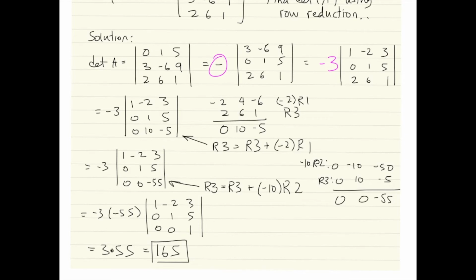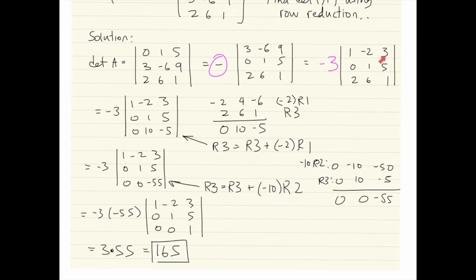And now you might say, well, okay, I divided out a 3, so why am I multiplying by negative 3? First of all, the negative comes from here. But why am I multiplying by this 3 instead of 1/3, dividing by 3? The reason is, let's try to go backwards.